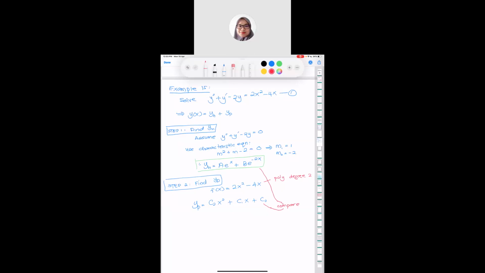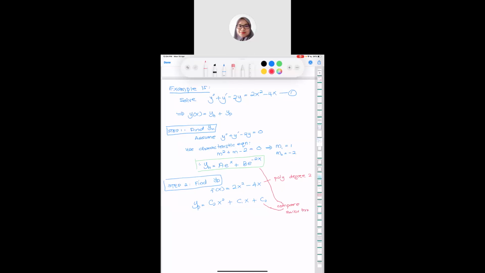Do you have the similar term? Apa maksud similar? Kalau ke atas ni ada e^x, kat bawah ni pun ada e^x. Ke atas ni ada x ke? Kat bawah ni pun ada x. That similar term. Tapi untuk case ni, compare, is it, do you have similar term?